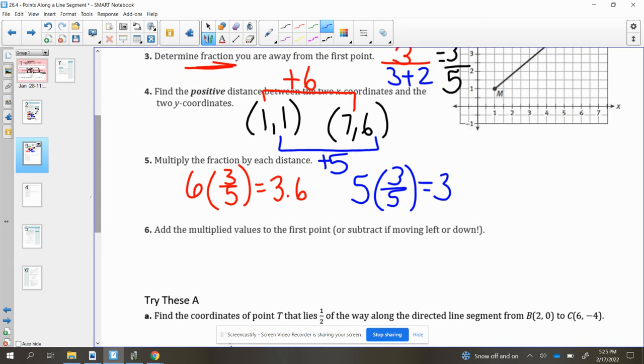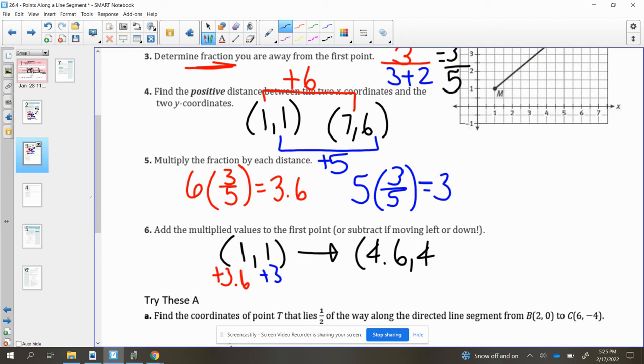So again, we're going to take that starting location of (1, 1), and we're adding to it 3.6 and 3, and we're going to be at (4.6, 4) as our location.